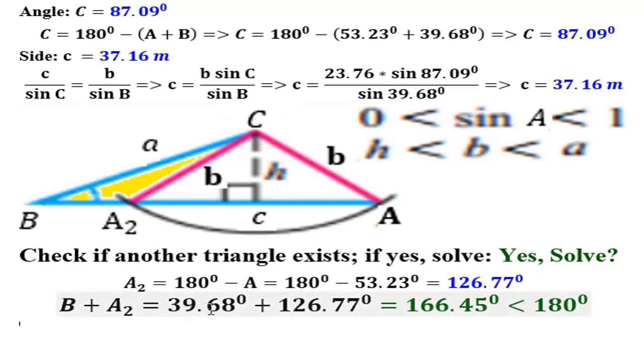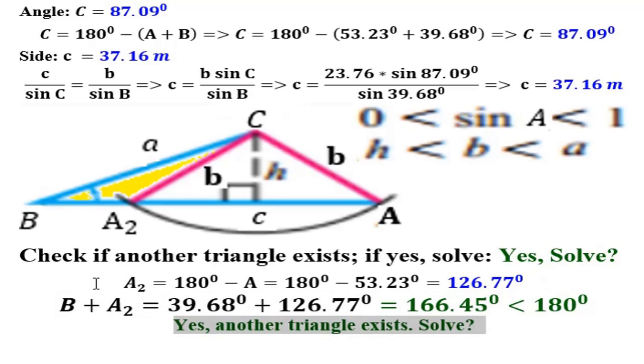So that is 39.68 degree plus 126.77 degree, and that is 166.45 degree, which is less than 180 degree. That means yes, another triangle exists, and we're going to solve it.